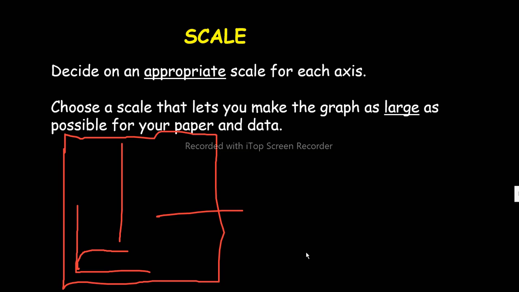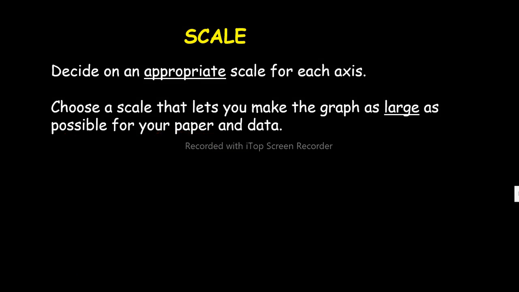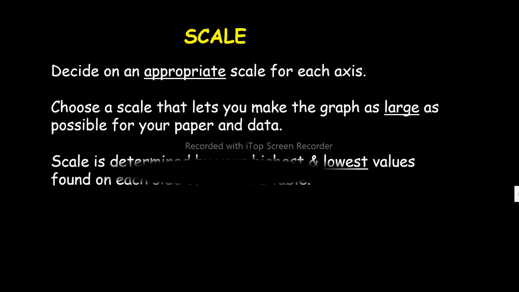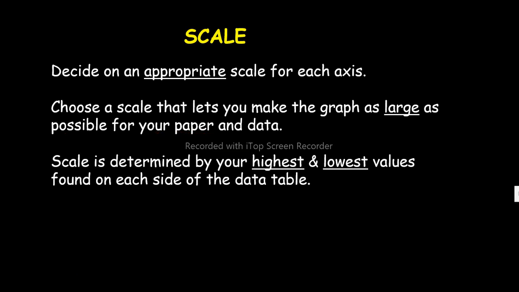Now, how are you going to choose a scale that is really good, that will make your graph appear good? We determine the scale from the highest and the lowest value from the data that is provided. I guess we have some data here.